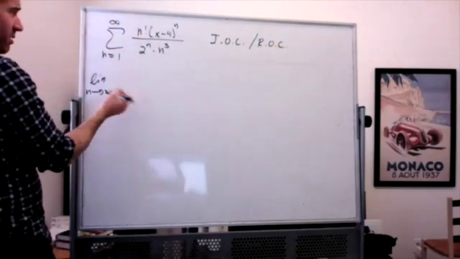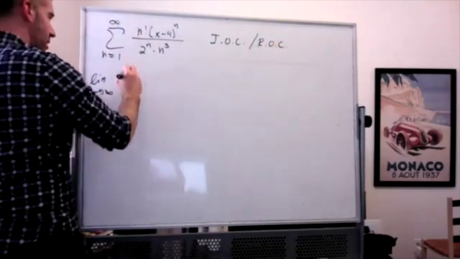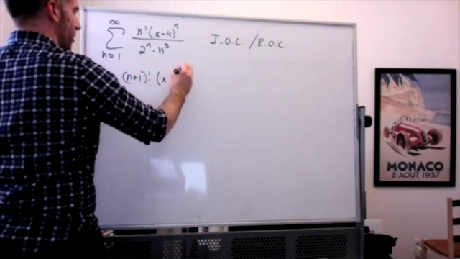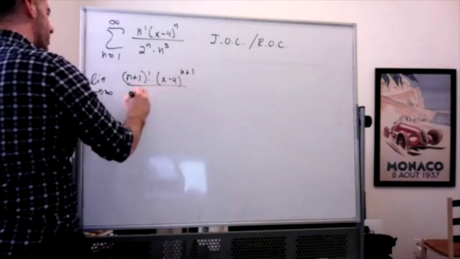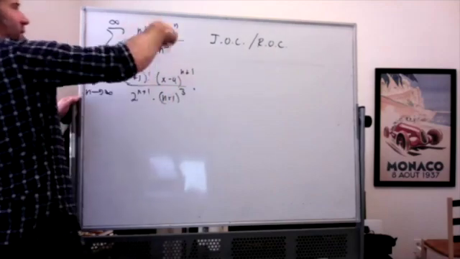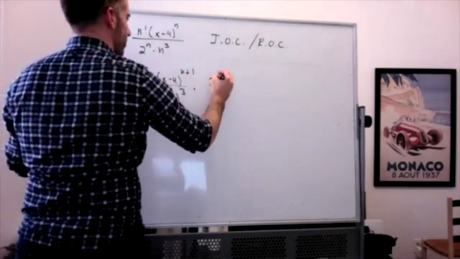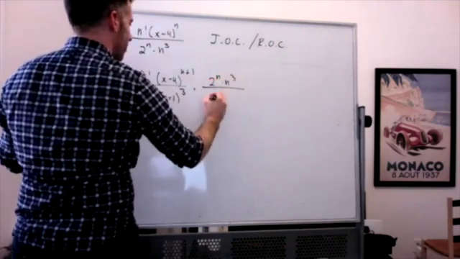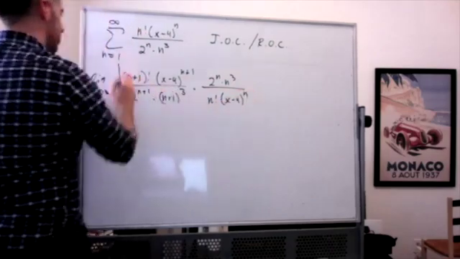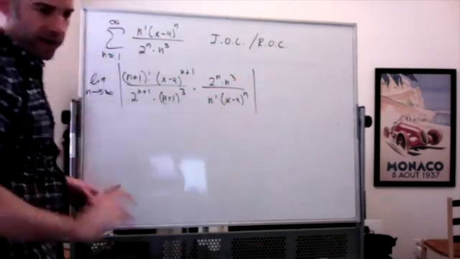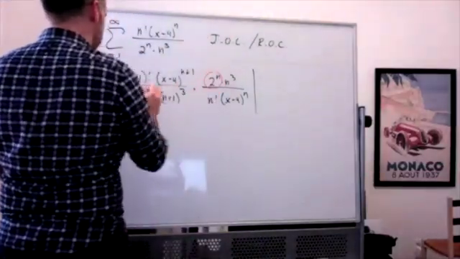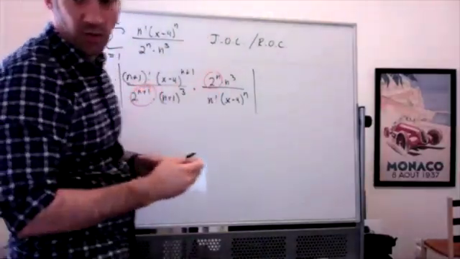All right, so I do the limit here. I'm going to get n plus 1 factorial, x minus 4 to the n plus 1 over 2 to the n plus 1 times n plus 1 cubed, times the reciprocal of that. And we know how things are going to go. We know that the 2 to the n over 2 to the n plus 1 is going to leave us with a 1/2.